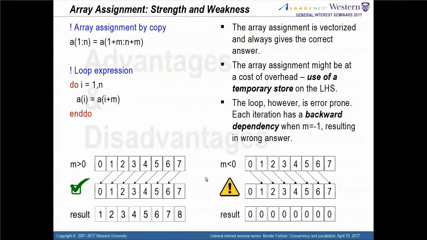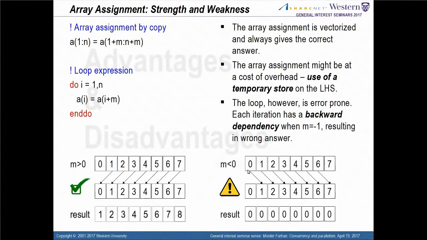Now, if you look at this problem carefully and do the math, or just sketch it on a piece of paper, you will see in case 1, when m is greater than 0, so we shift by a positive index, there is no dependency. We're taking the future value and putting it here, and the next value here, and the next value here.